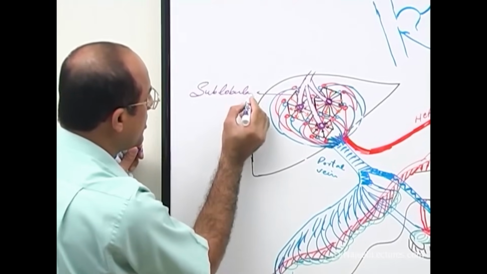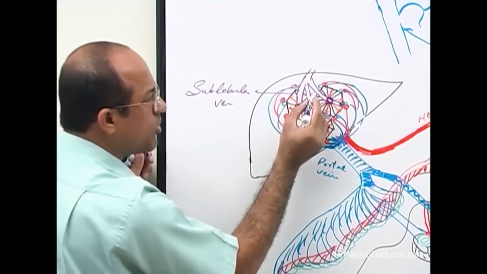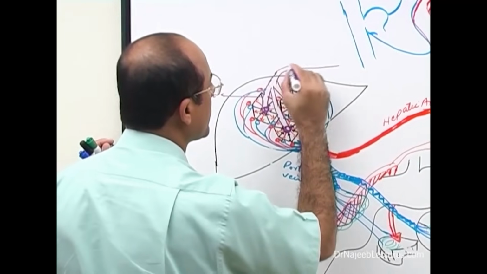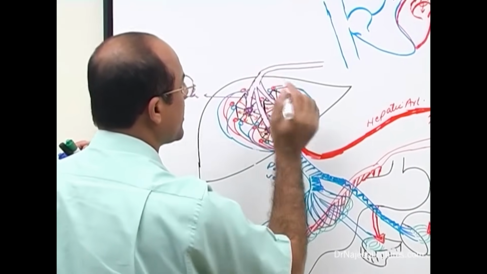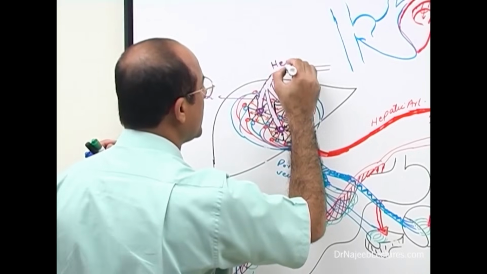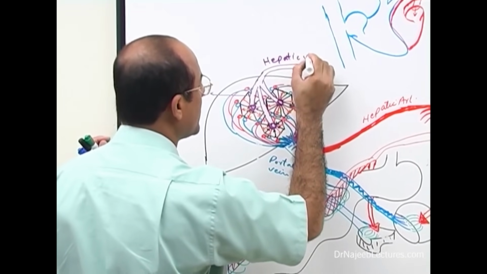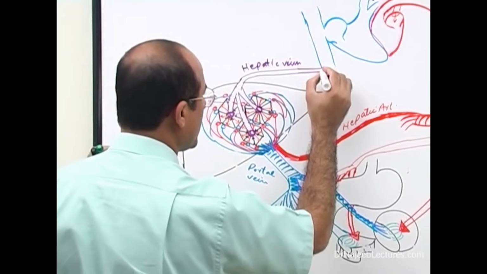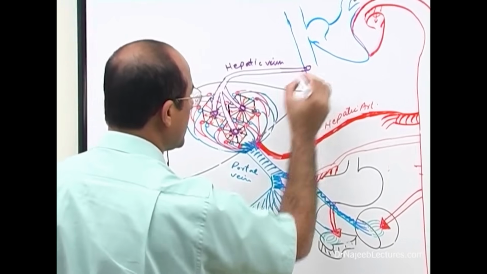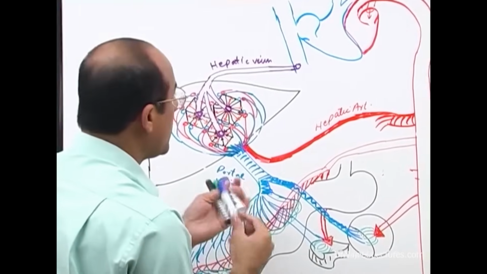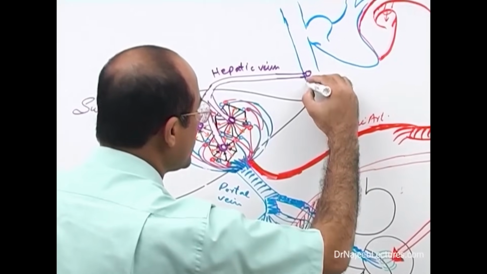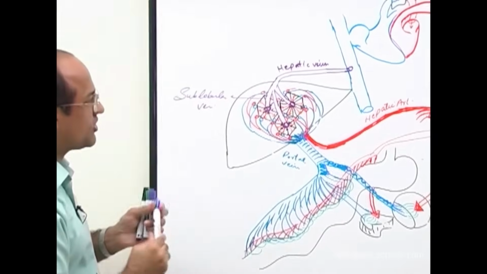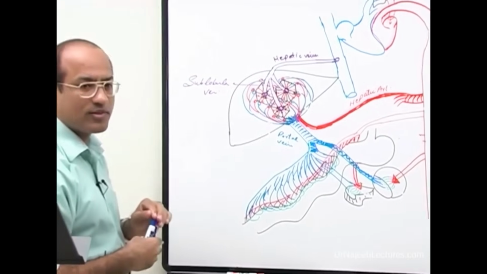The sublobular veins will come together and make what vein? Yes, hepatic vein. And hepatic veins will eventually drain into the inferior vena cava. So in this way, you can look at in the circulatory system how the liver is really working.